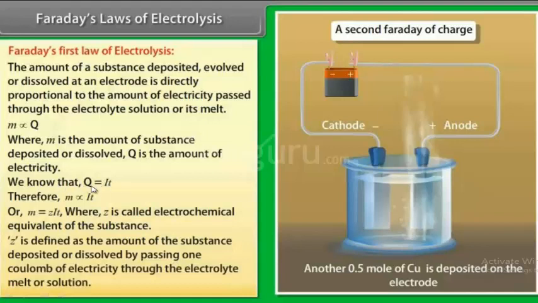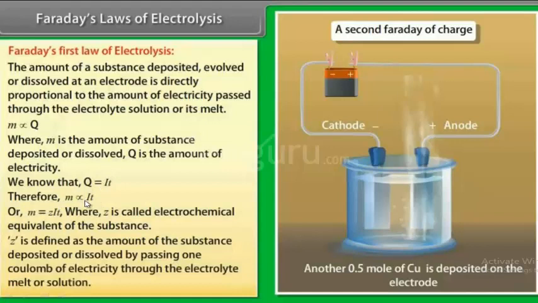So Q is the amount of electric charge which passes through the conductor. So we can write M proportional to IT. Instead of Q we can write here IT.